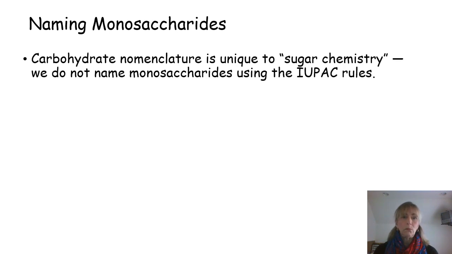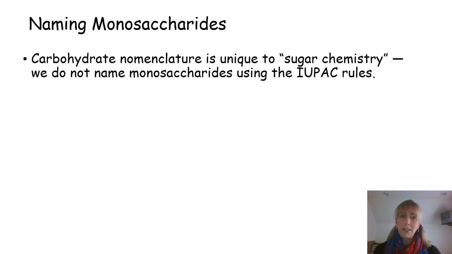Naming monosaccharides. Carbohydrate nomenclature. We have gone through all the functional groups in organic chemistry in previous chapters, and with every one we've gone through the nomenclature. How do we name them? One of the commonalities was that we used this IUPAC nomenclature.